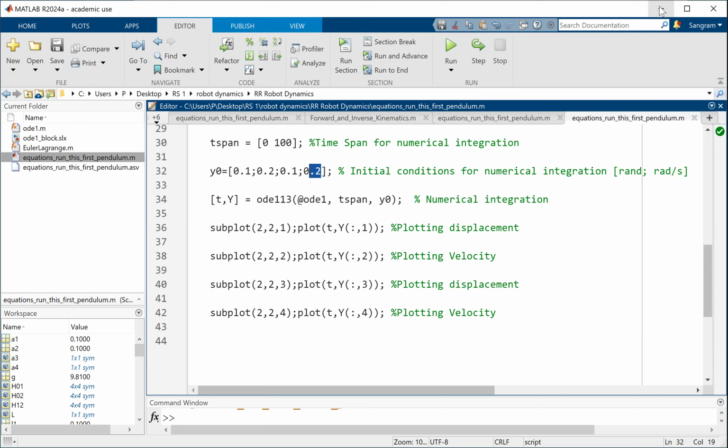So in this problem, everything is massless. The only mass which is located at the end is m. So this mass is located at the end, and this mass is m kilograms. You have a revolute joint, you have a prismatic joint.